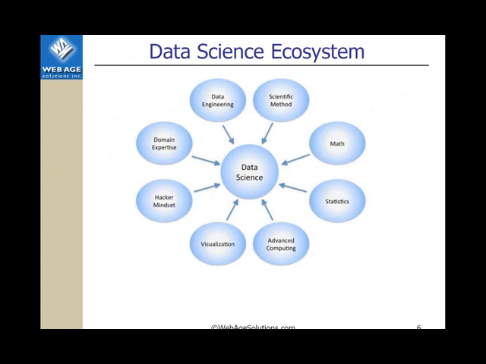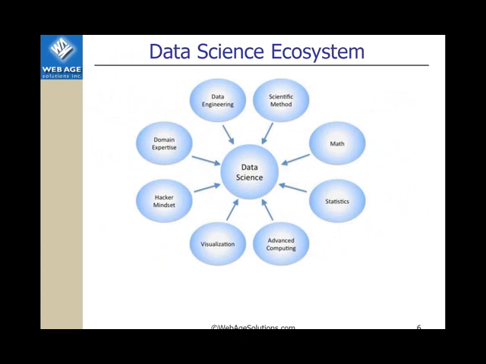Visualization helps you to get your message across. One picture is worth 1,000 words, right? Hacker mindset, I would make this bullet as small as possible, because it really doesn't sit very well with lots of folks. Kind of, how can I be a hacker if I work in a large enterprise company?